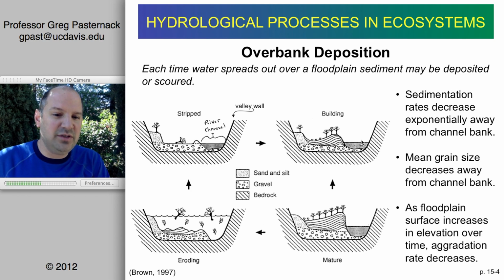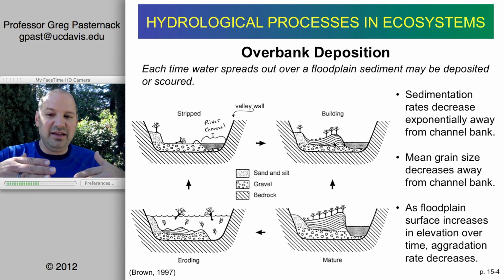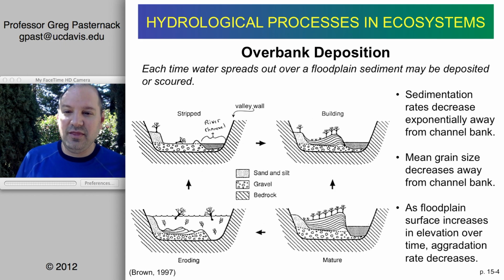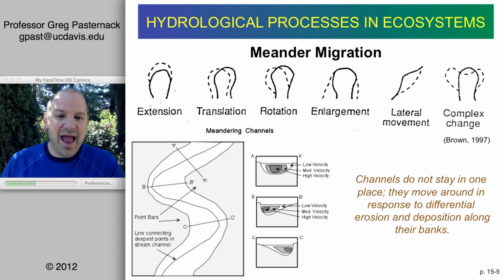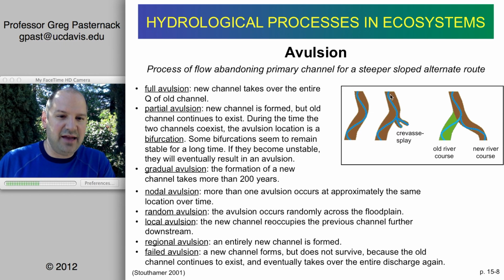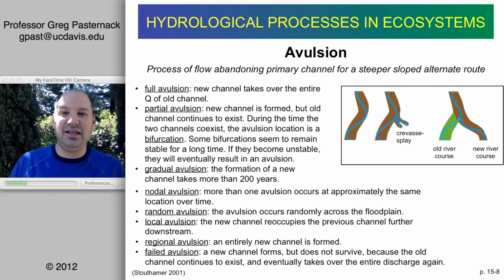So if the channel was filling in and keeping pace with the floodplain as everything goes up together, it can happen that the distal part of the floodplain far away could actually be at a lower elevation than the riverbed. And when that happens, then avulsion can occur. In avulsion, the channel breaks through the natural levee, and then eventually the river may just drain down in a completely new direction because the floodplain is lower than the elevation of the channel.